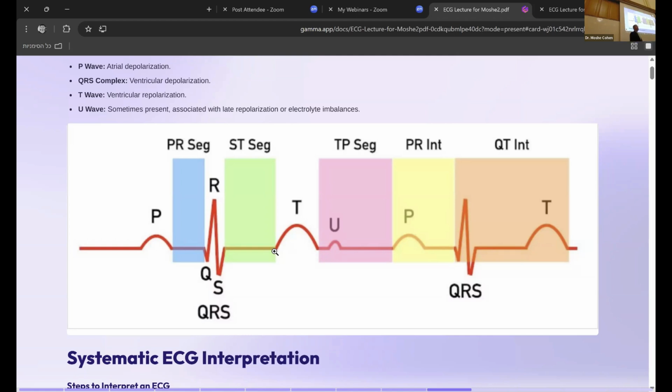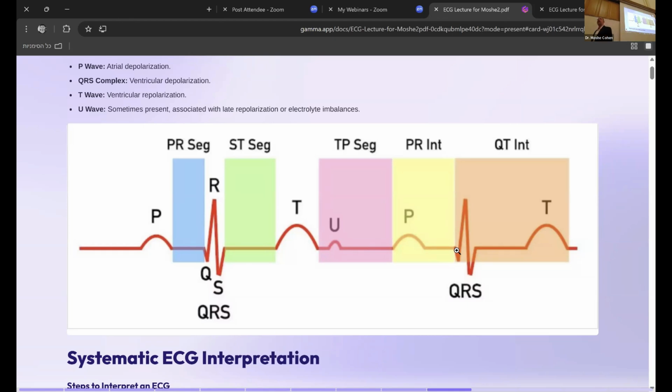Yes, depolarization of the ventricle. But what happens when the heart is electrified? It is contracting, good. And cardiac contraction or ventricular contraction is called systole. So the QT interval is systole. And therefore the TQ interval, from the T wave to the next Q wave, that would be diastole.